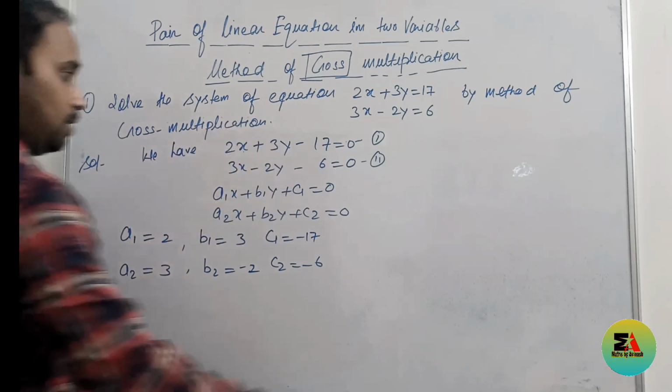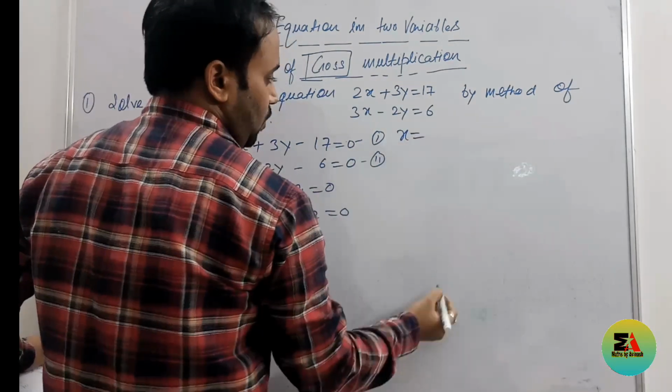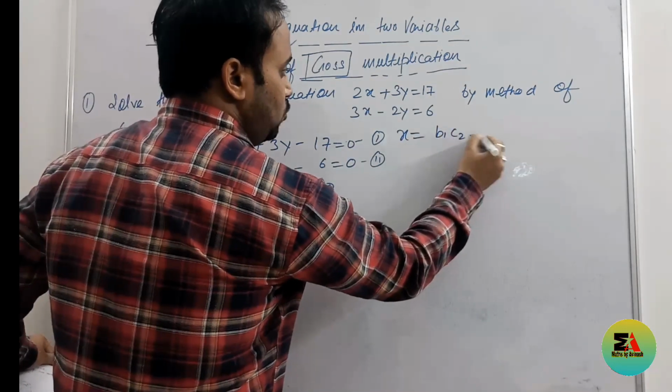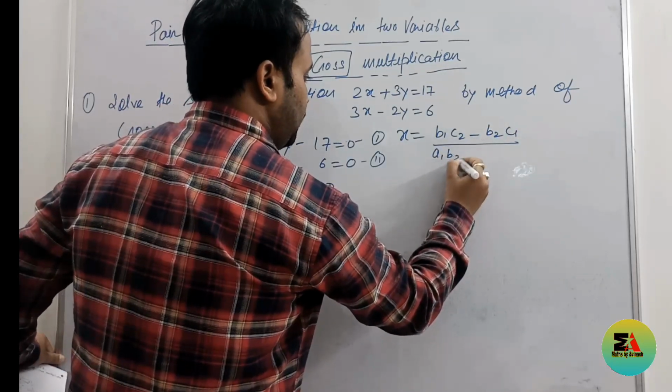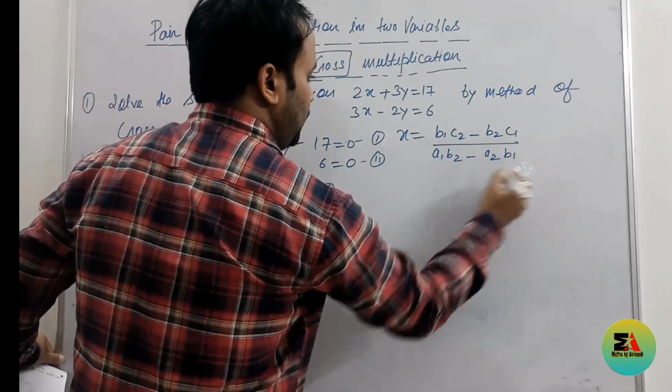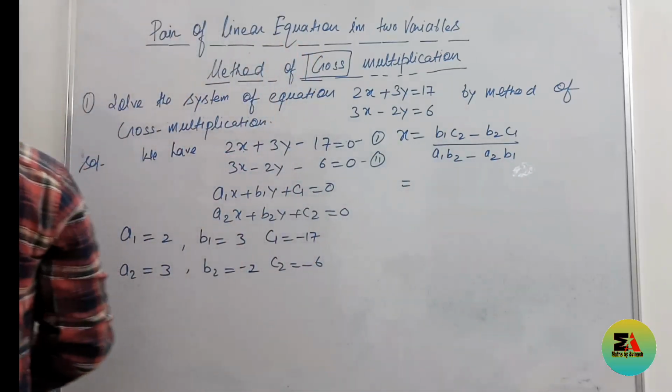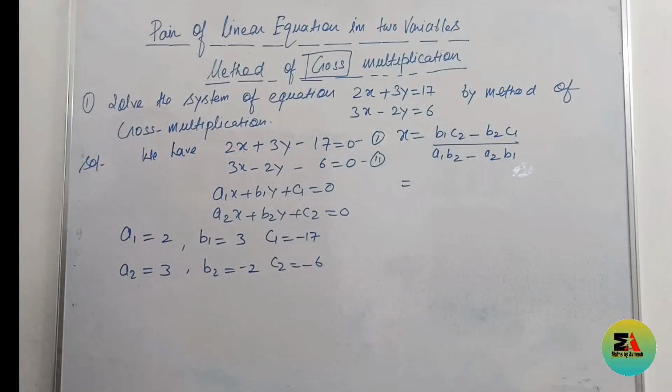Now use the formula. What is the formula? The formula of x is b1c2 minus b2c1 by a1b2 minus a2b1. Now substitute all the values.